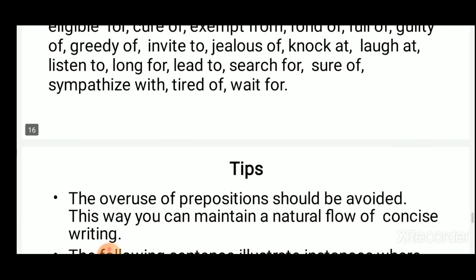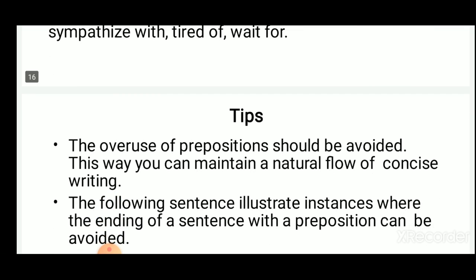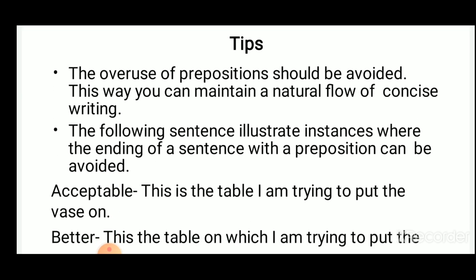Some tips are here for you. The overuse of prepositions should be avoided. This way you can maintain a natural flow of concise writing. The following sentences illustrate instances where ending a sentence with a preposition can be avoided. Acceptable is what? This is the table I am trying to put the vase on.